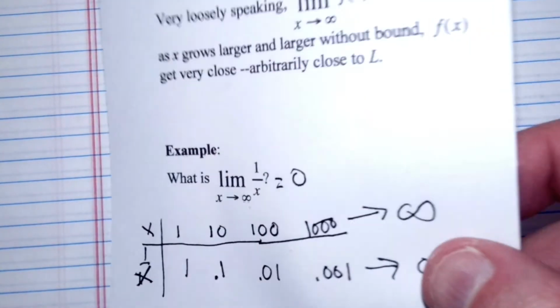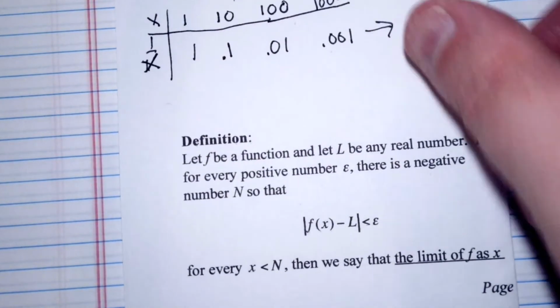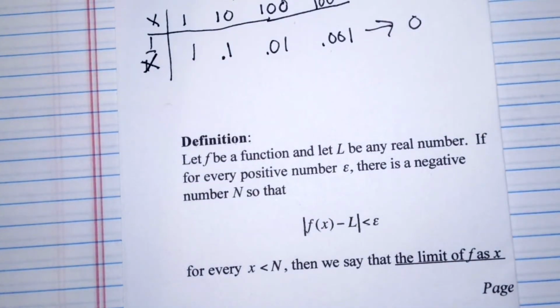Now we're going to talk about the limit as x tends to negative infinity. So let f be a function and let L be a real number.